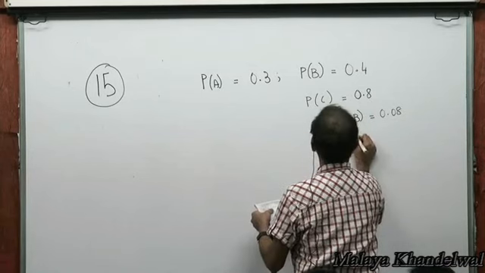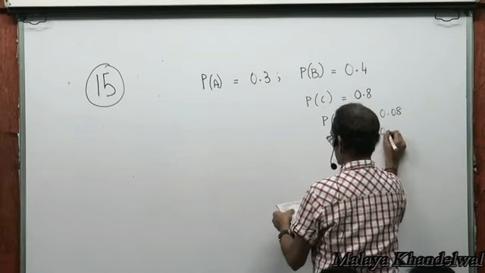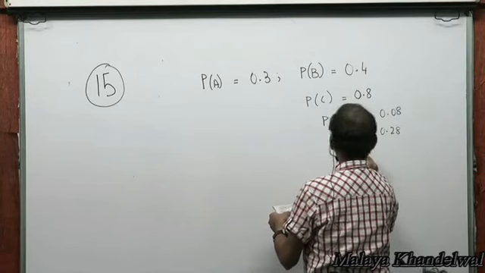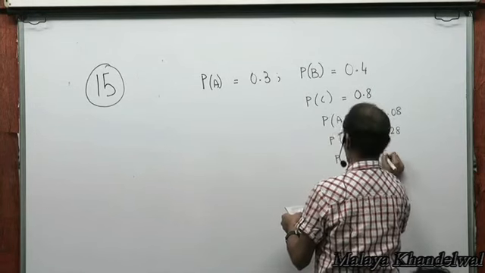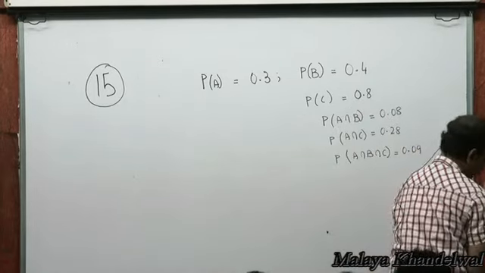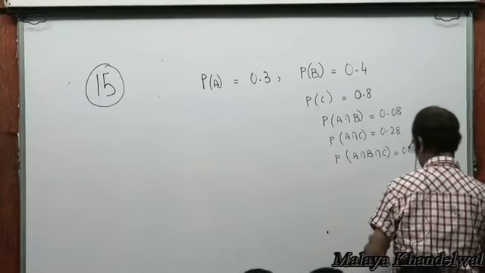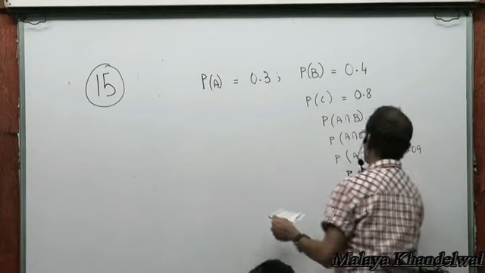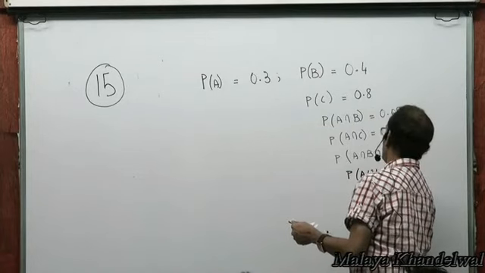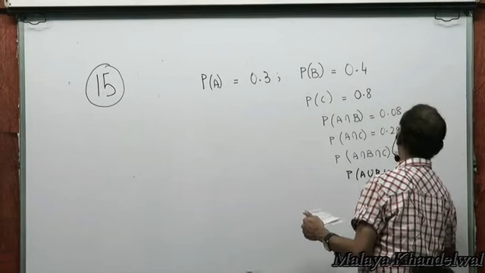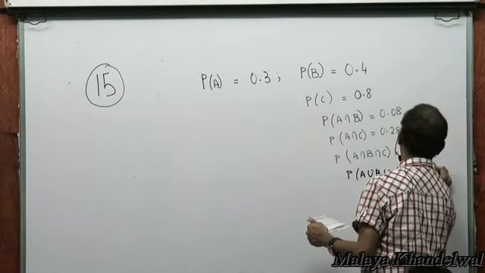Probability of A intersection C is 0.28. Probability of A intersection B intersection C is 0.09. And it's given that probability of A or B or C is greater than or equal to 0.75.